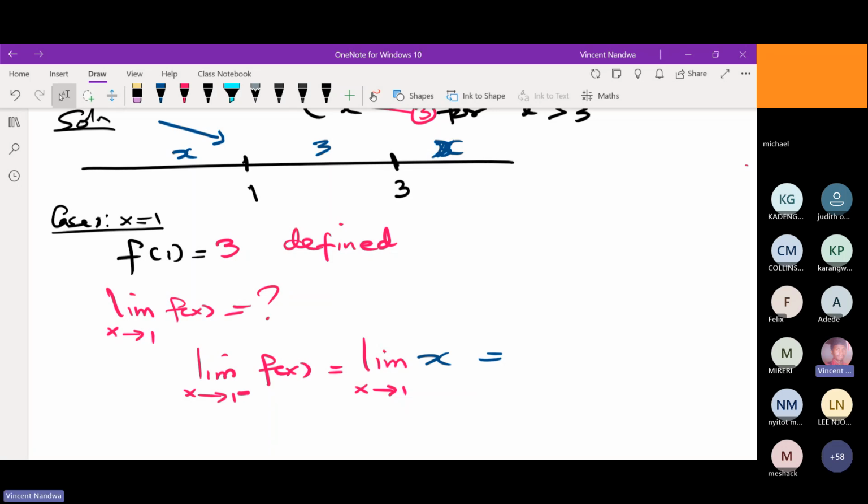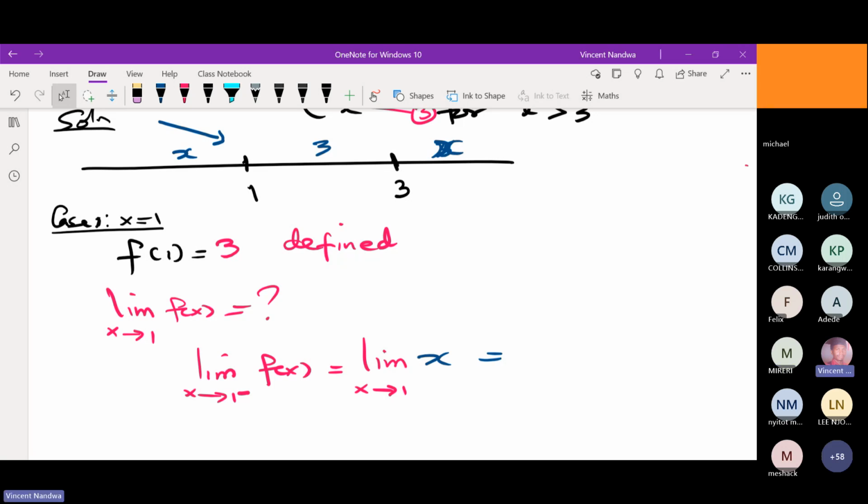What will be the value of that limit? One.